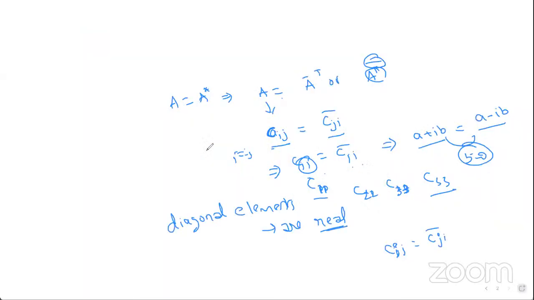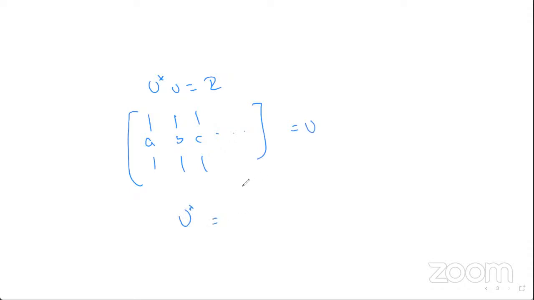When we have U star U equals I, let's say I have the column vectors A, B, C, and so on, which make up U. Then U star has A conjugate, B conjugate, C conjugate, and so on.